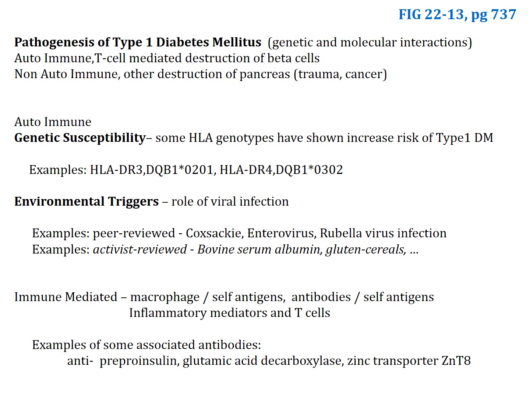Nonetheless, type 1 autoimmune diabetes mellitus is due to destruction of beta cells. That destruction is done in an inflammatory process, and T cells seem to be the mediators of that destruction. We can find some autoantibodies, so we can find antibodies against pre-pro insulin. We can find antibodies against other proteins within the beta islet cells, specifically a transporter protein that moves zinc into the pancreas, a transporter protein called ZnT8.